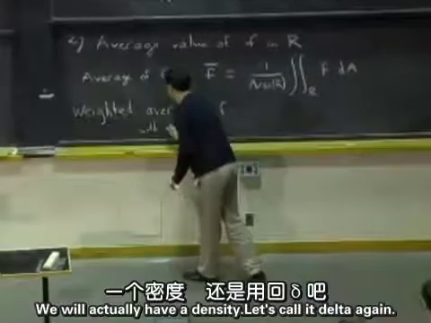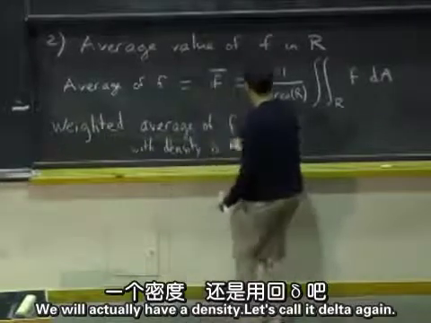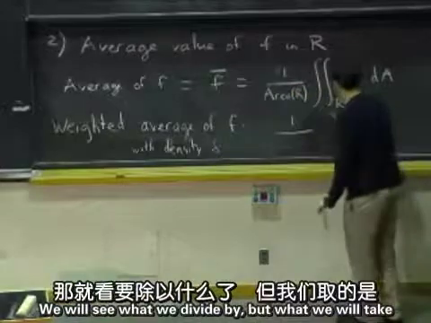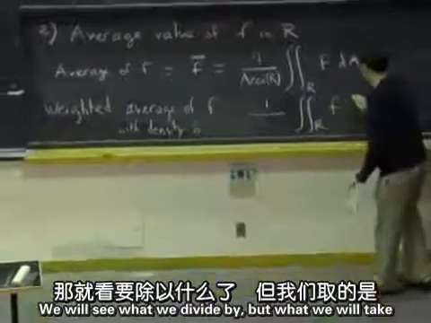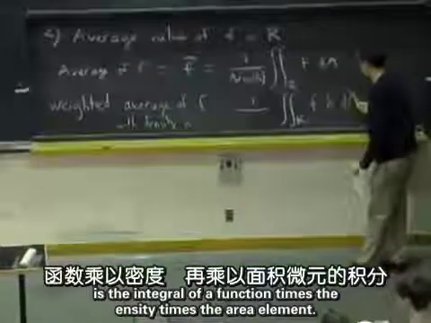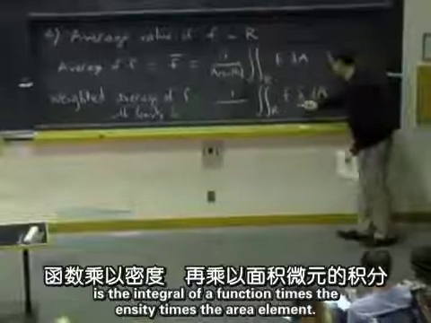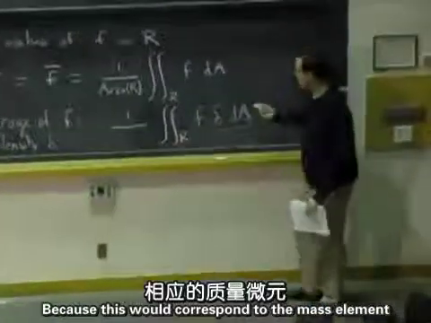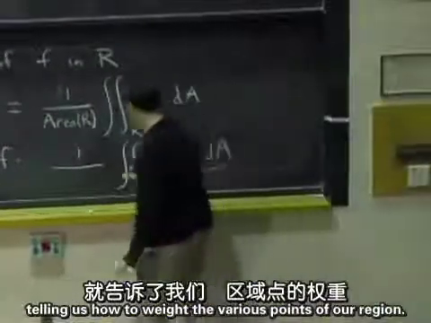So we'll actually have a density. Let's call it delta again. That would be now, well, we'll see what we divide by. But what we will take is the integral of a function times the density times the area element. Because this would correspond to the mass element, telling us how to weight the various points of our region.